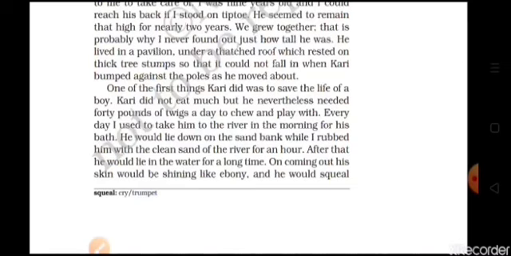Every morning, the boy would take him to the river for the bath, where the elephant would lie down in the sand. On the river bank, the boy would rub its back and clean the sand on its body.